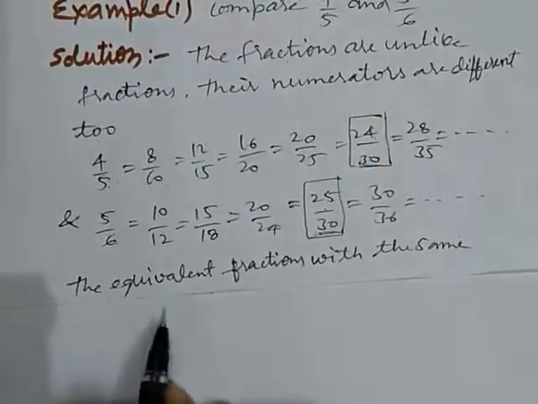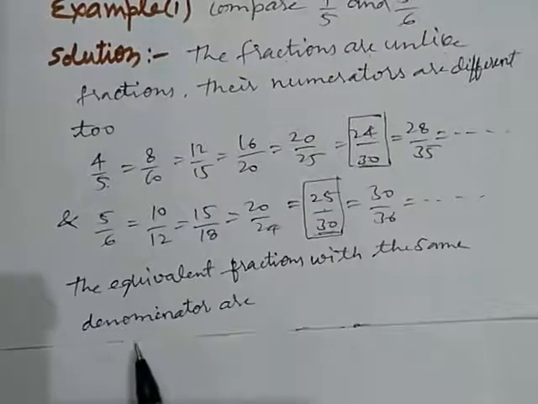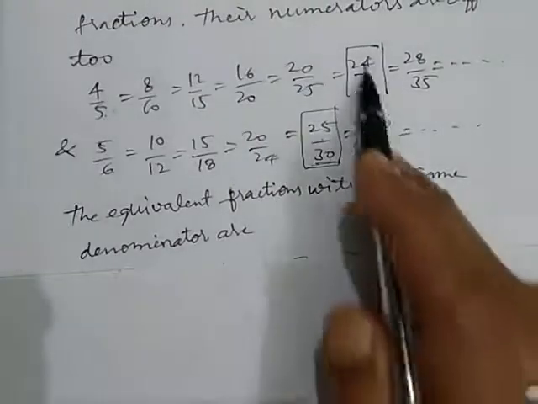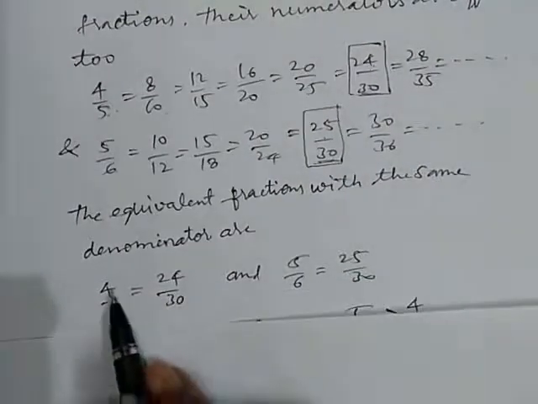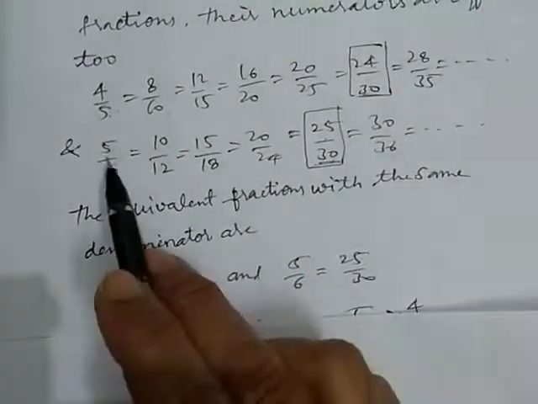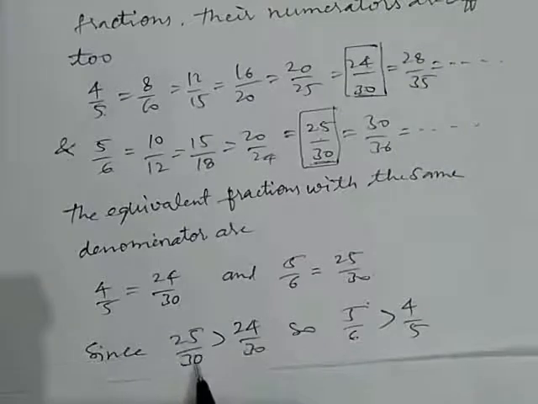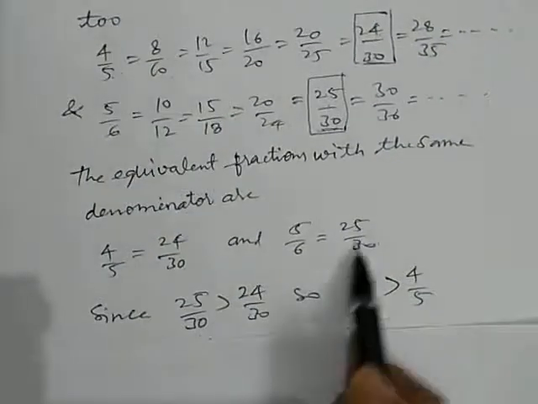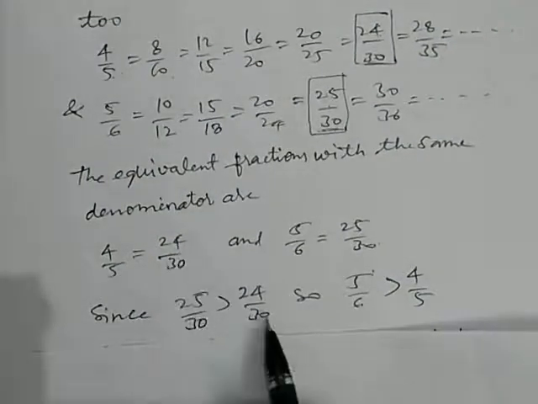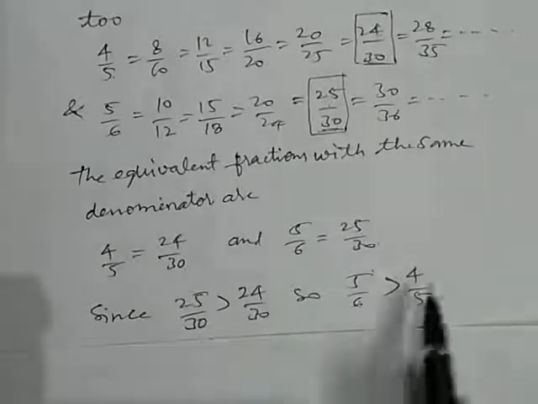So 4 by 5 has 24 by 30 and 5 by 6 has 25 by 30. Now compare them. So 25 by 30 is greater than 24 by 30. So this 5 by 6 is greater than 4 by 5.